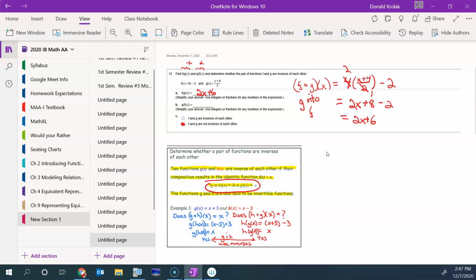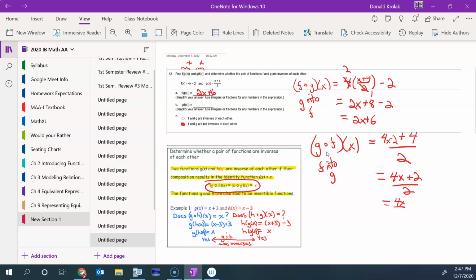And if I do the other one now, I do g of f. So this is f into g. So I'm going to take out this x, and I'm going to put f in its place. So I get 4x plus 2 over 2.